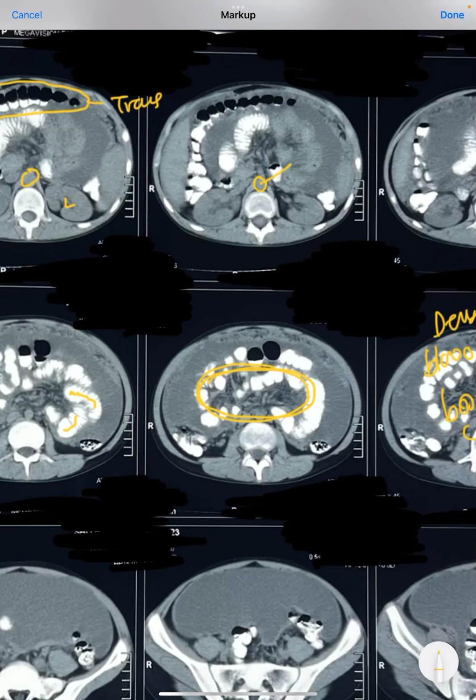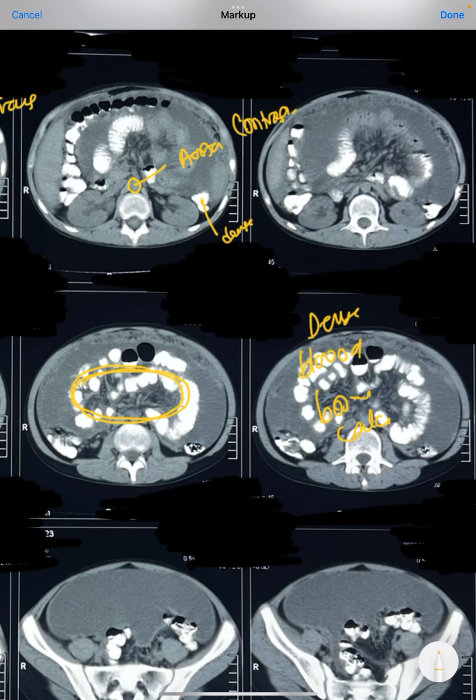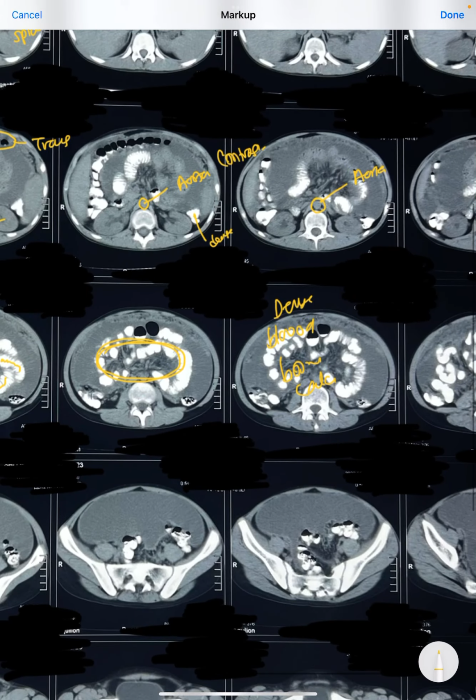In this aorta there is no contrast, because contrast will look very dense white. This dense white or hyperdense structure will be the contrast, but here we can see this aorta has no radial density. So the IV contrast is not in this particular image. The oral contrast is definitely there.